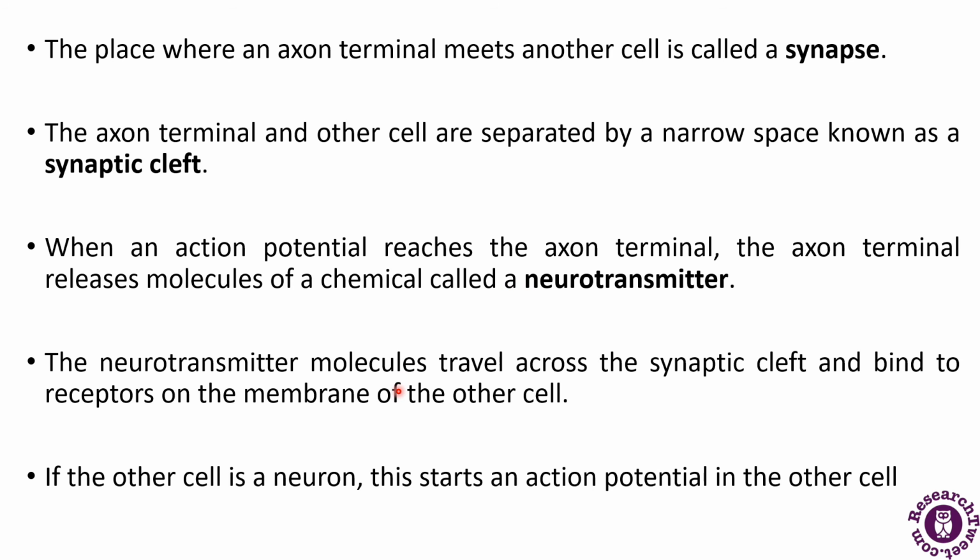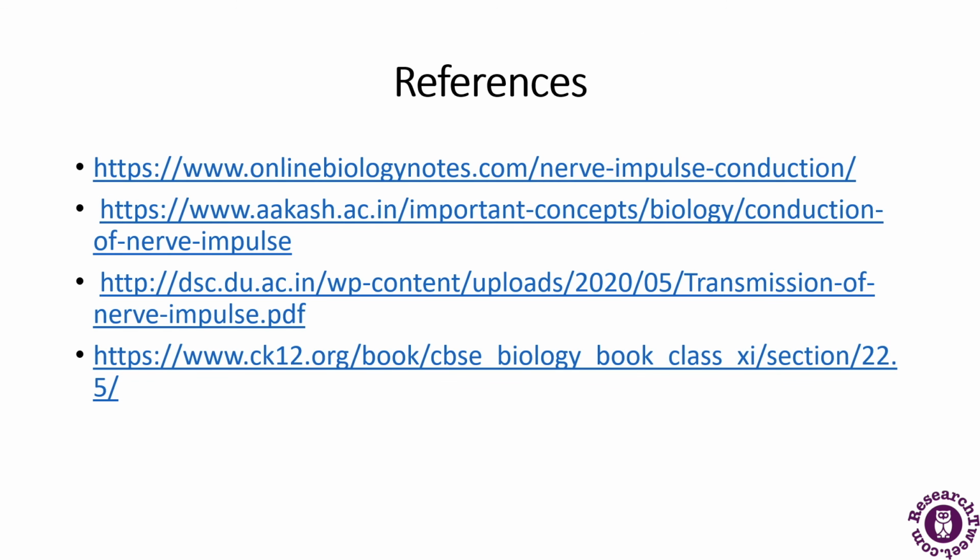These neurotransmitters travel across the synaptic cleft and bind to the receptors on the membrane of the other cell. If the other cell is a neuron, it will start an action potential in the other cell. So this was the process of transmission in the synapse. So these are some of the references.